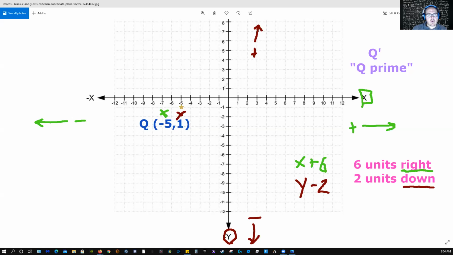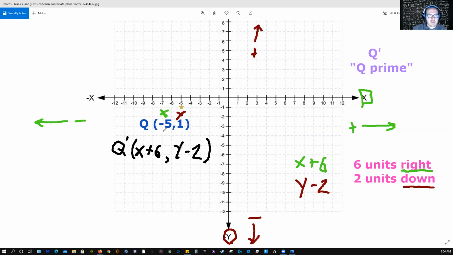So if I was going to do all this on scrap paper, what I'd end up doing is, q prime is going to be at x plus 6 and y minus 2.